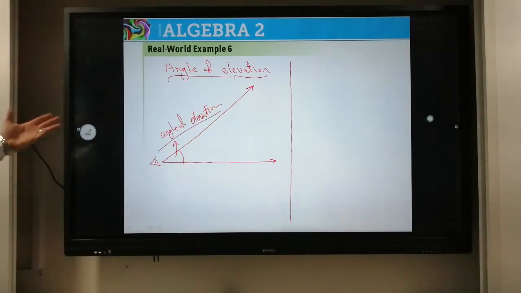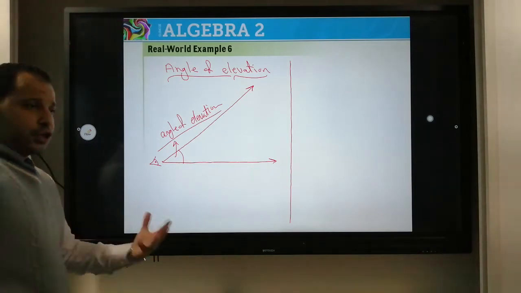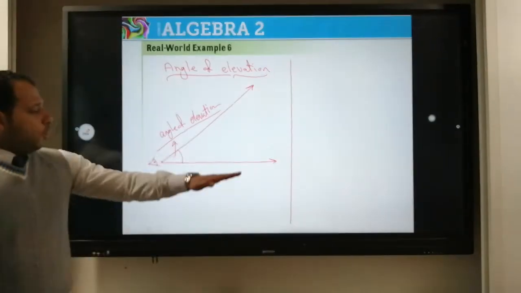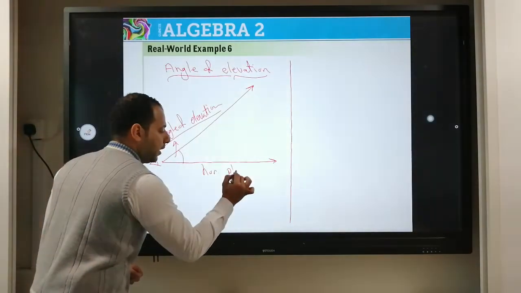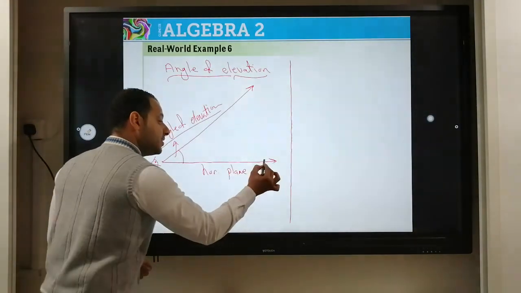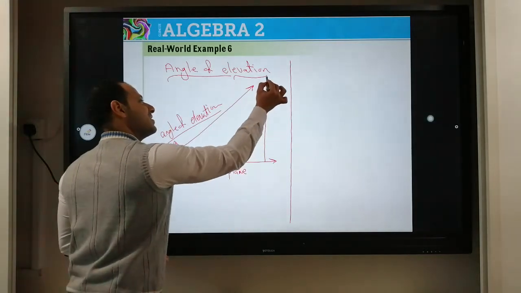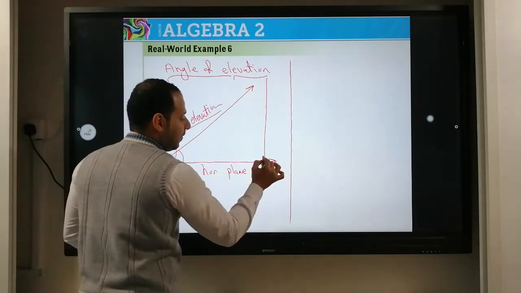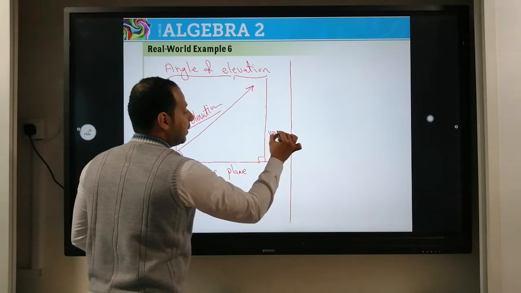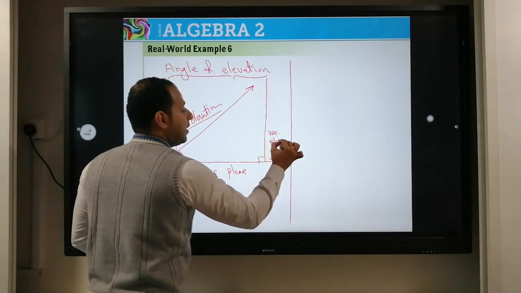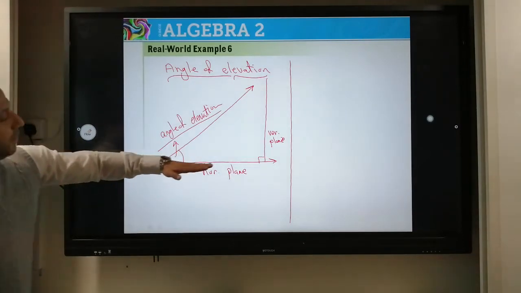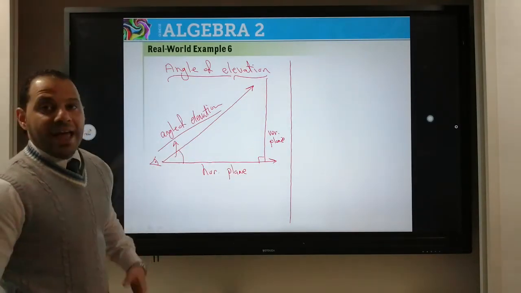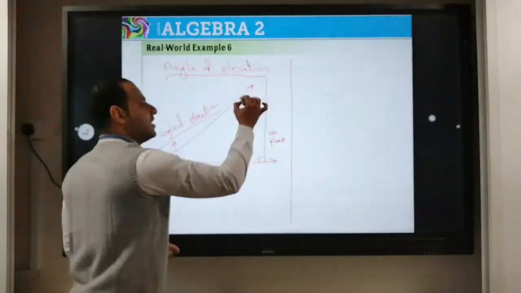How can we relate this angle of elevation to the trig functions? As you see, this is the horizontal plane and this is the vertical plane. The angle between the vertical and the horizontal is always 90.